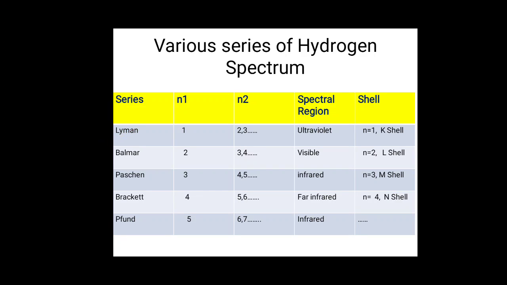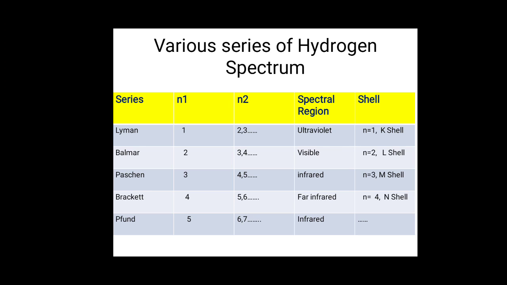Lyman series. The Lyman series arises when an excited electron from the higher energy level, N2 equal to 2, returns to the ground state, that is N1. N2 is the higher energy level and N1 is the lower energy level.